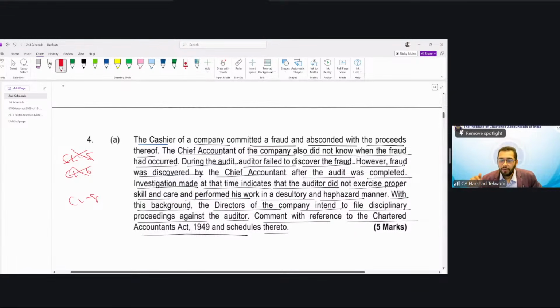Now, here, what we can understand is that he performed the work, but in a haphazard manner. Okay. That means you are not getting any result out of it.